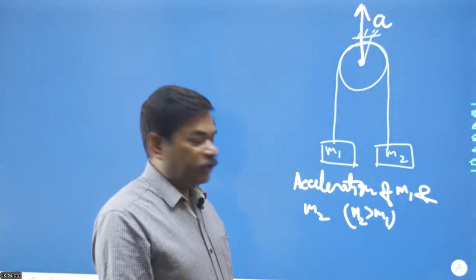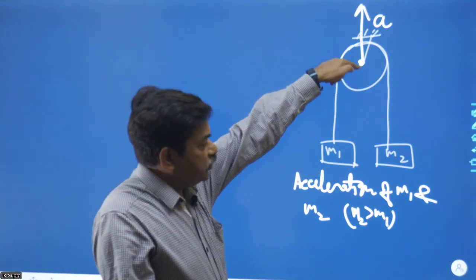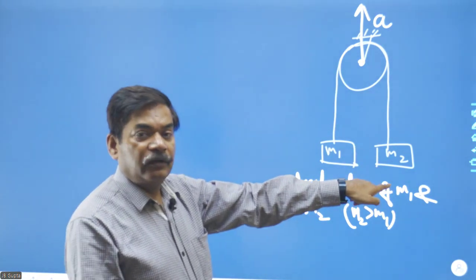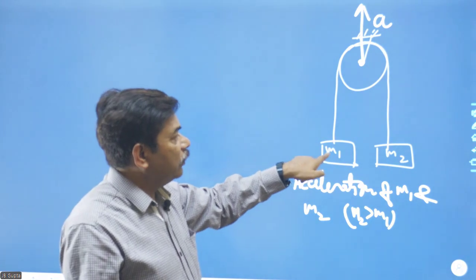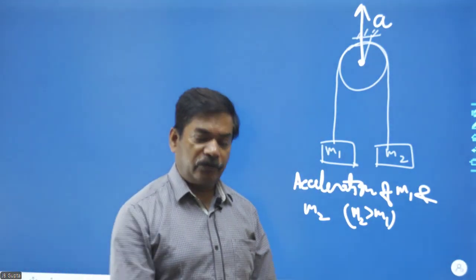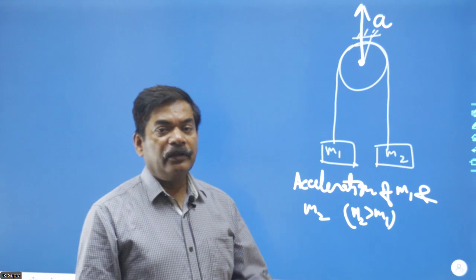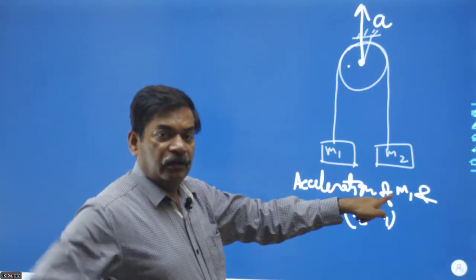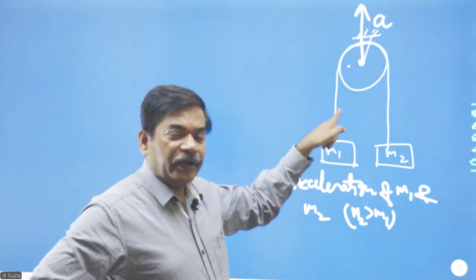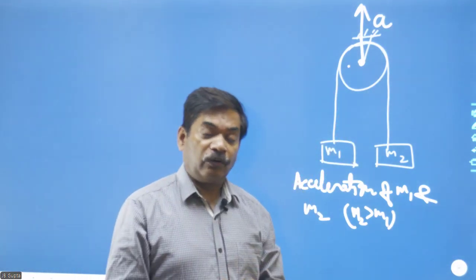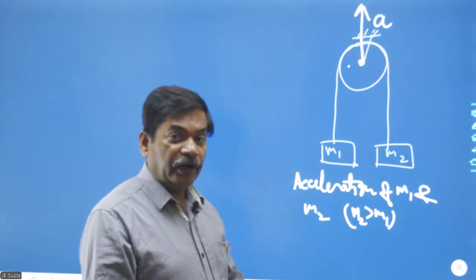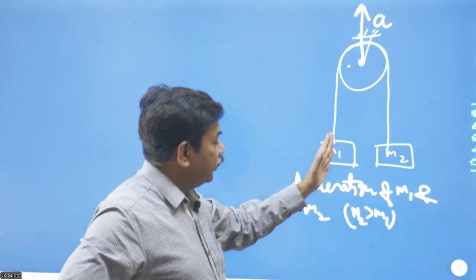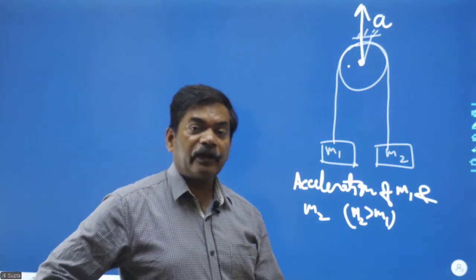Then with respect to pulley, the distance moved by M2 in the downward direction will be the same as the distance moved by M1 in the upward direction. ठीक है? पुली के रिलेटिव M2 जितना नीचे आएगा, पुली के रिलेटिव M1 उतना ही ऊपर जाएगा. ये मैं ग्राउंड के रिलेटिव नहीं बोल रहा हूँ, पुली के रिलेटिव.